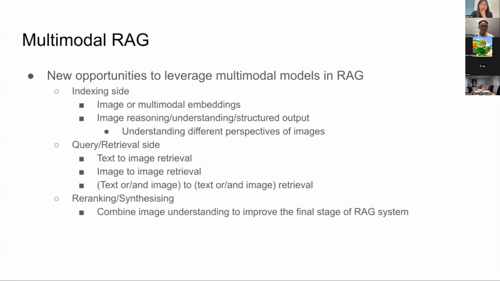You can do text-to-text retrieval, which of course again links to the image. You can do image-to-image retrieval. Basically, for any tuple of text and images, you swap out anything that used to be text with the tuple of text and images, and there are some number of combinations you can do. And of course, you can also do re-ranking and synthesis with both text and images to improve the final retrieval quality.